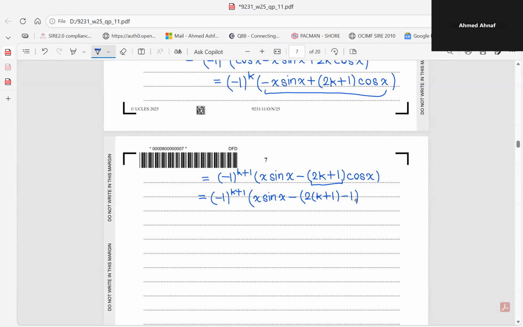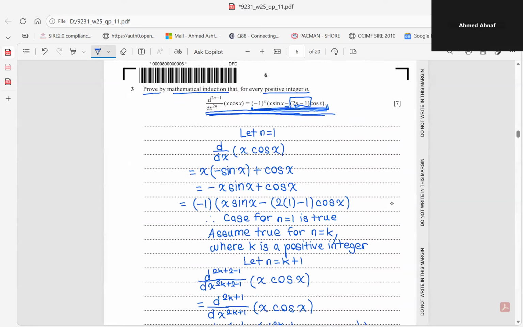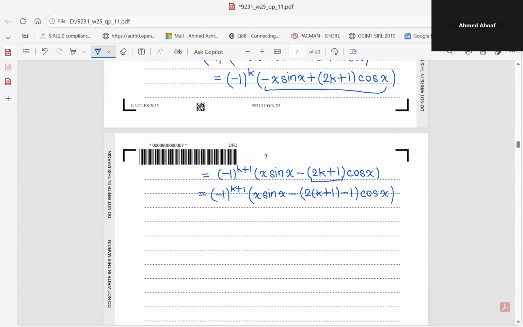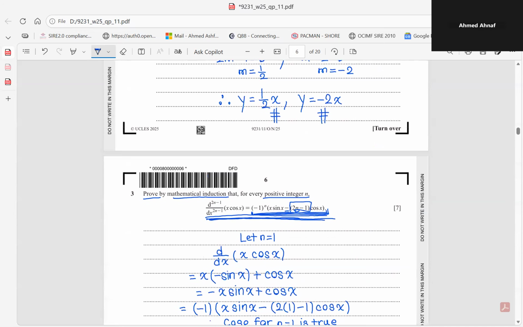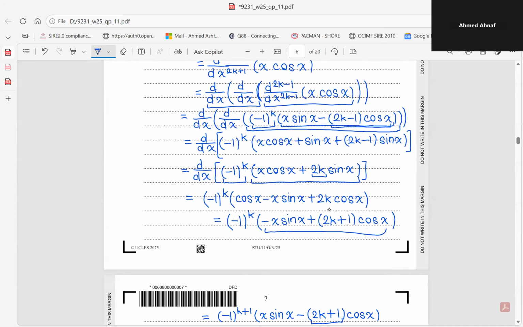So it's in the form of (2n minus 1) cosine x. So that is exactly in this format of the right-hand side.